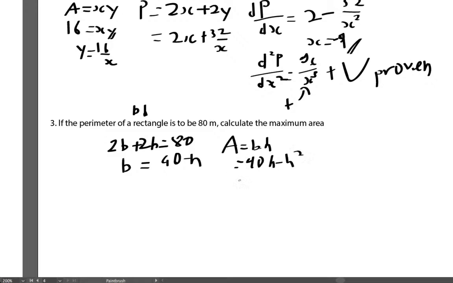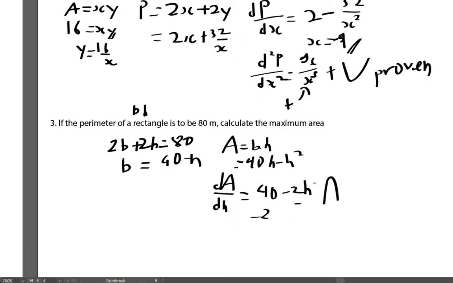And so you want to find out where the maximum would be, so you would take the derivative. When you take the derivative to figure out the maximum point, that's 40 minus 2h, and then this goes from positive to negative, so we know that this goes down.